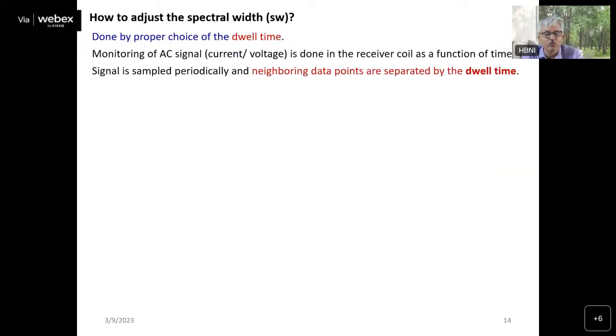What we do actually is, after the pulse is given, the magnetization comes to the XY plane, and then we monitor the AC signal.